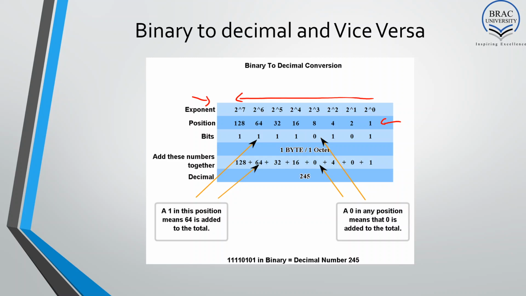If the binary string is, say, 11110101, we multiply these two, right? Because it's 1, we multiply and put the value here. So 1 times 1 is 1, 4 times 1 is 4, 2 times 0 is 0, 8 times 0 is 0, and you get the idea, right? And then we add it up to get 245.